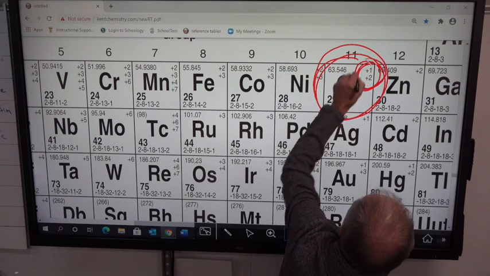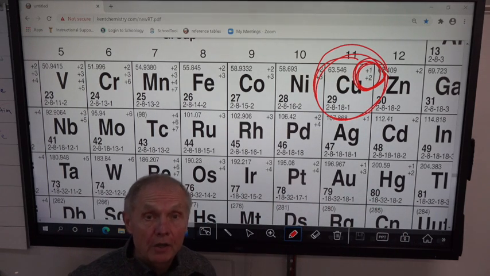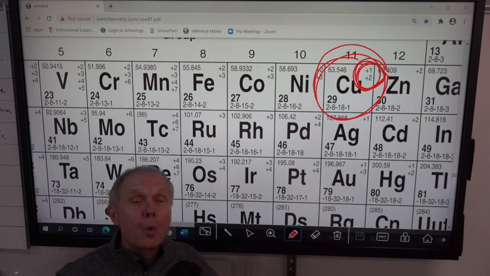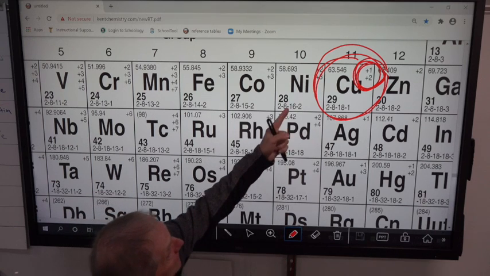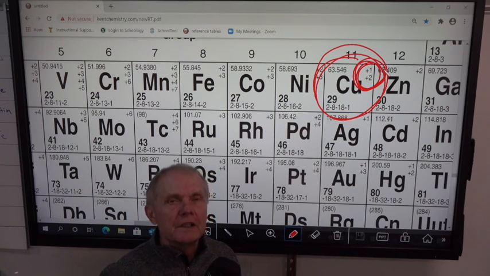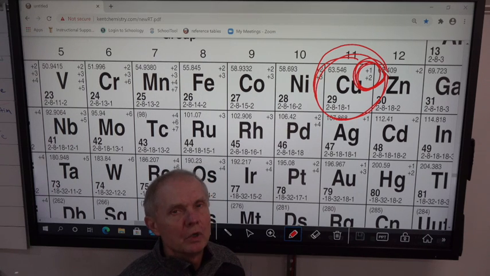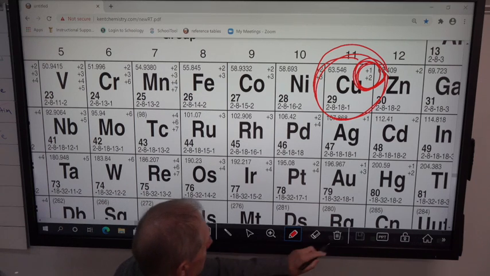Copper can have a +1 or a +2 charge. You have to tell which charge is being used. If the element has more than 1 oxidation state, you have to use a Roman numeral.